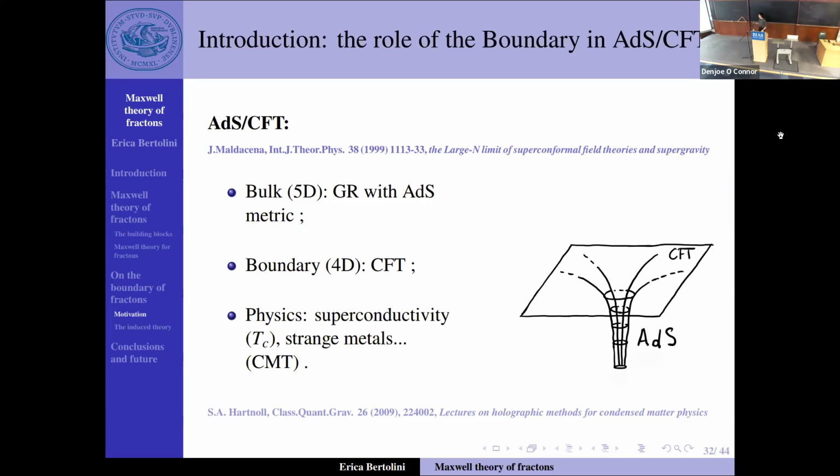And now this is having quite interesting results in the context of condensed matter, and people are doing experiments with that, in particular in the context of superconductivity and strange metals. So that's just another example.